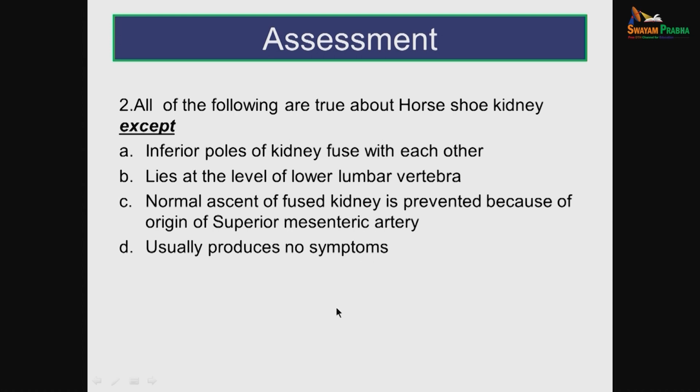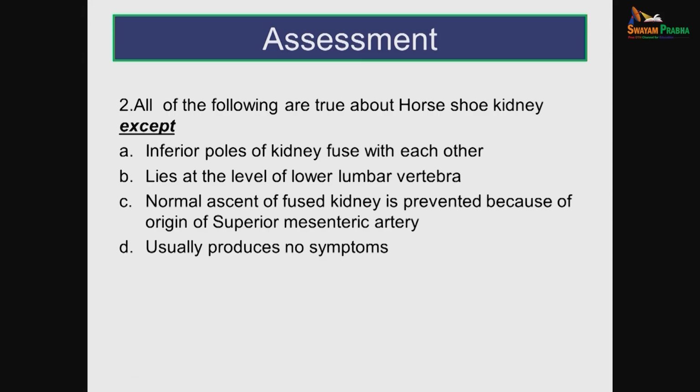The answer is C. The reason being the normal ascent of the fused kidney is prevented because of origin of inferior mesenteric artery.